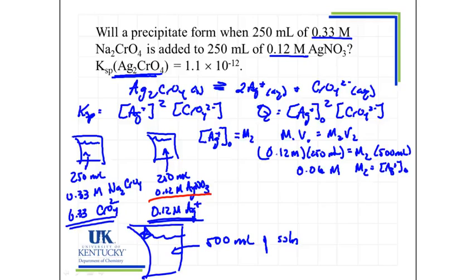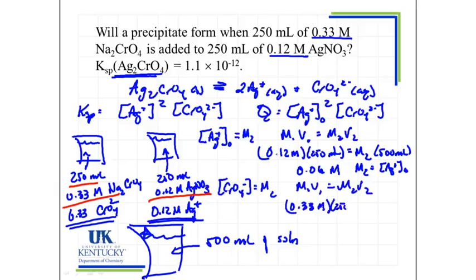Now we'll do the same thing for the chromate in the other beaker. For this, I'm going to consider these amounts, and I'm going to realize that the chromate concentration would be M2 in this dilution. M1V1 equals M2V2, where M1 is, consider that beaker on the left now, M1 started out as 0.33 molar.